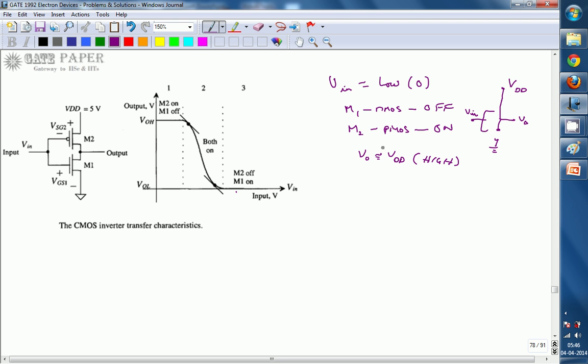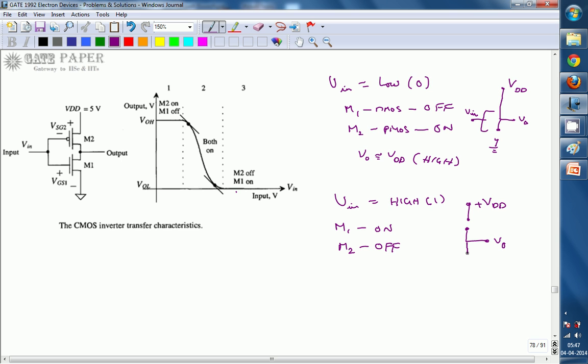Similarly, if V input is at high level, that is logic 1, then M1, which is the NMOS transistor, is in the on condition, and M2, which is the PMOS transistor, will be in the off condition. So PMOS will be off, so VDD is no longer connected to V0.